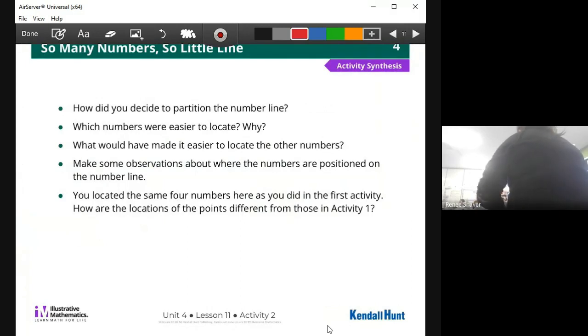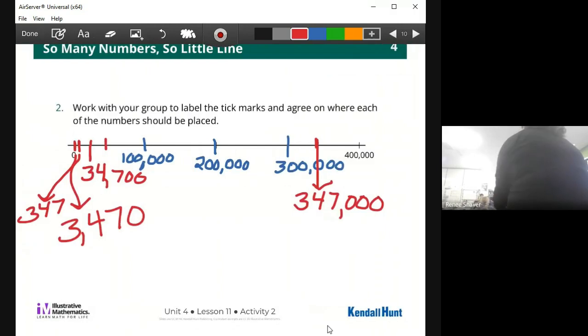How did you guys decide to partition this number line? How did you decide? And don't say Mrs. McElroy told me. Erin. I decided to partition it into thousands because it's easiest to be able to put all the numbers.